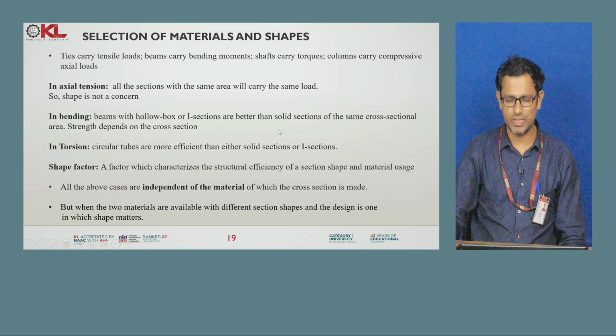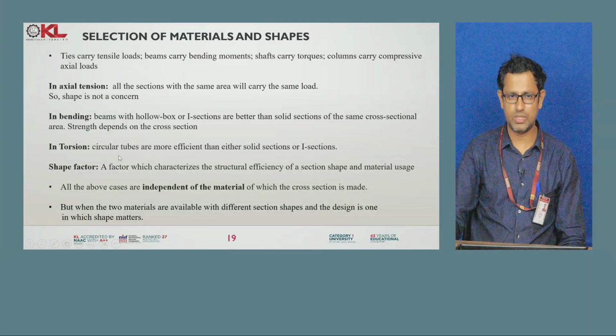Here the strength depends on the cross section. That means even though the area is the same, it depends on the cross section. So this is one criterion where we have to select the material based on the shape or the cross section.